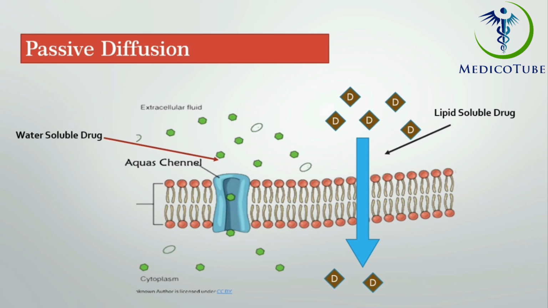Most of the drugs are absorbed through passive diffusion. In passive diffusion, the drug simply moves from the area of higher concentration to the lower concentration. It means if you administer 100 mg of the drug and 70% or 60% reaches the systemic circulation, then 70% is present in the bloodstream.